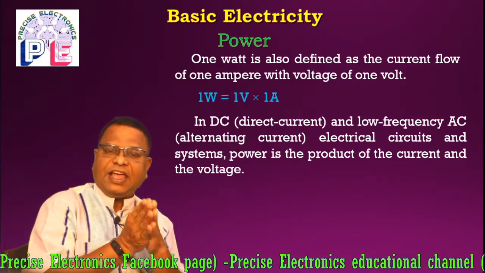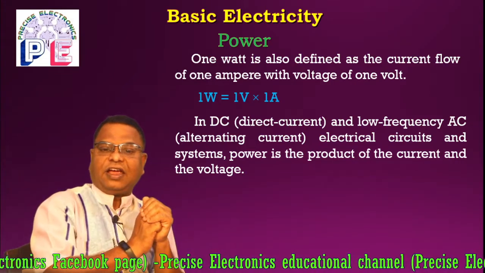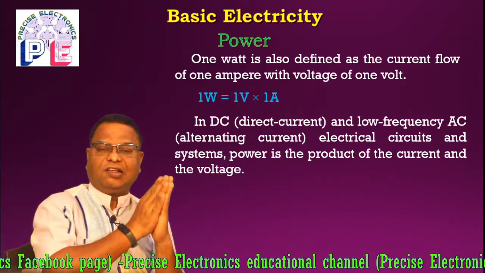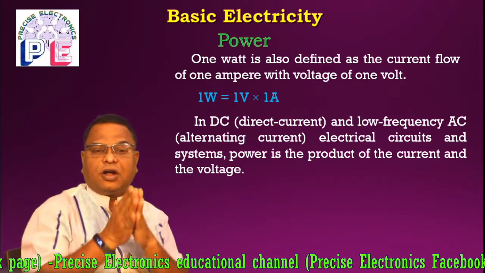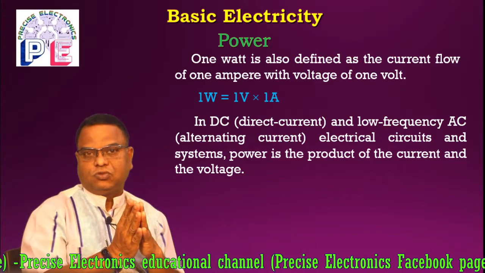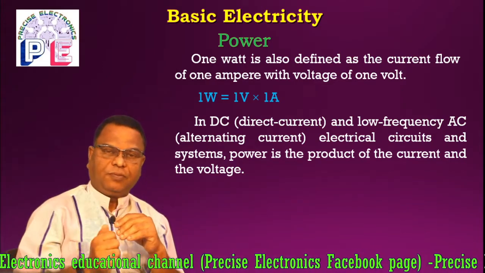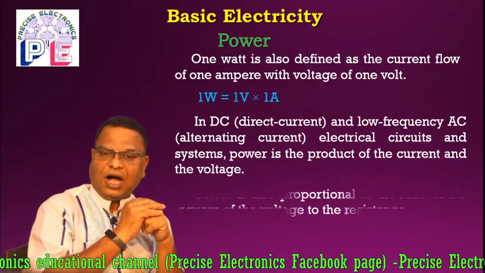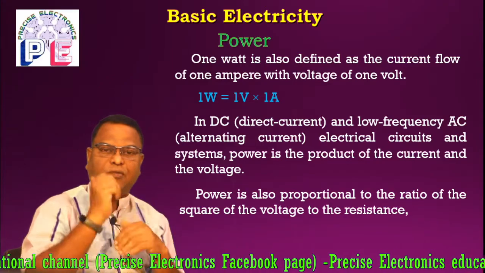So in DC and low frequency AC electrical circuits or systems, power is the product of current and voltage. So P = V × I, where V is voltage and I is the current flowing through that system.